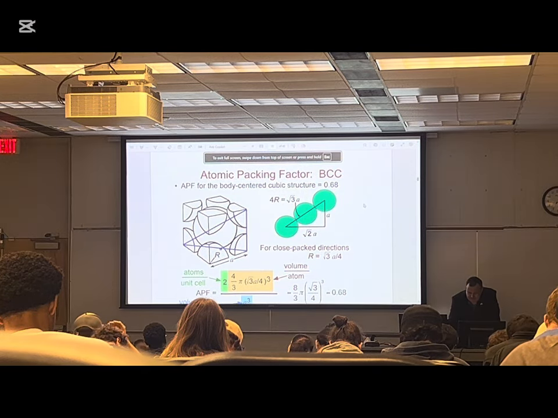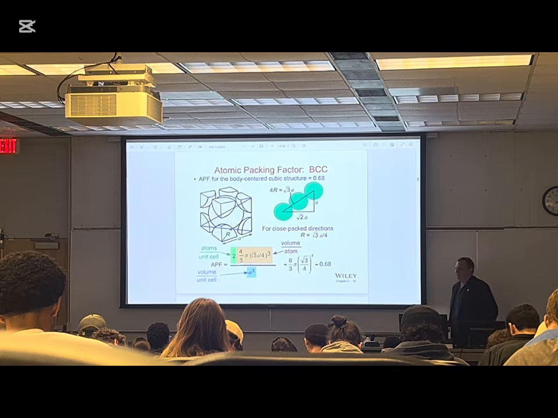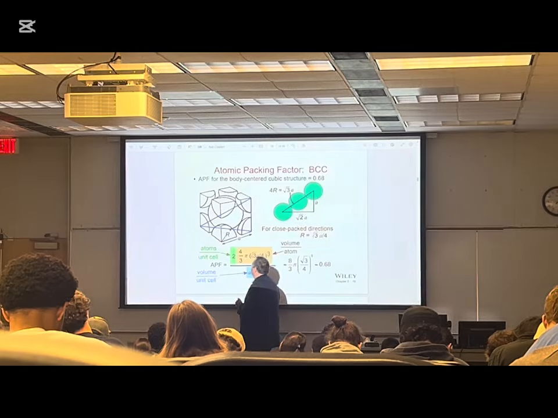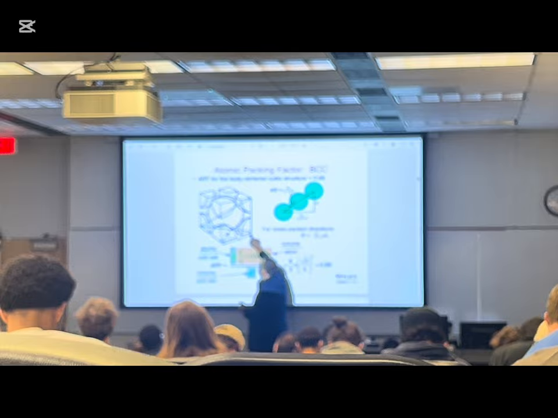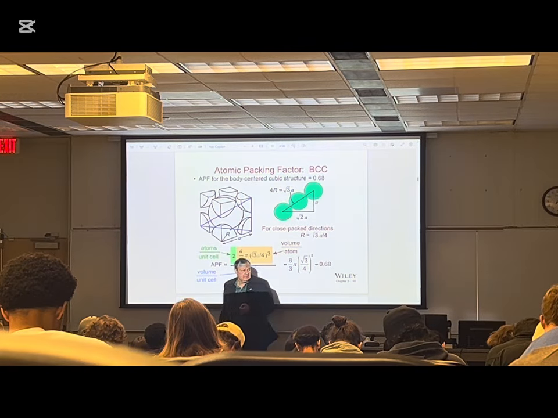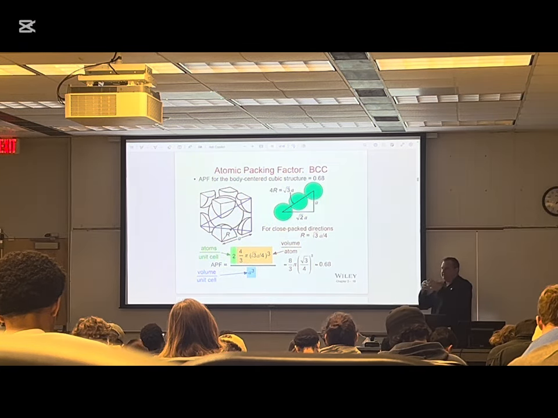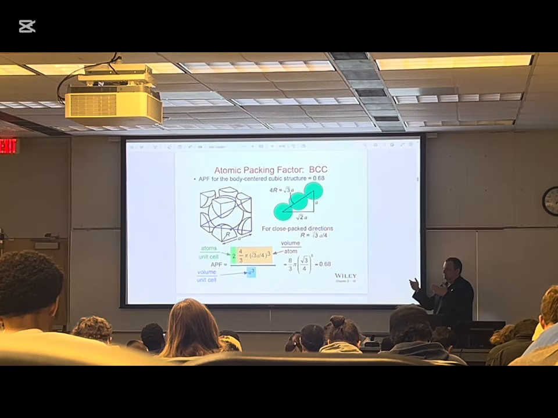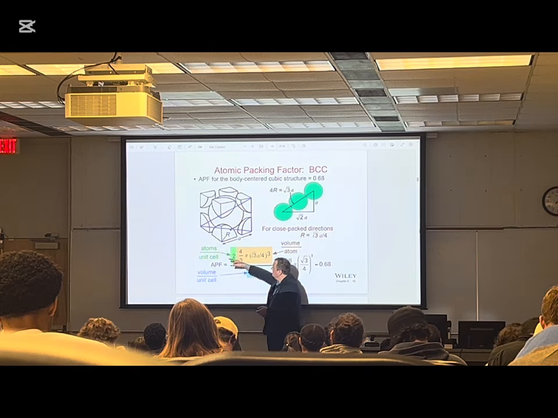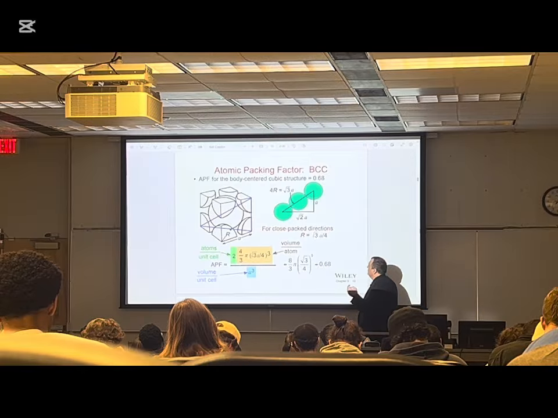Okay, let's calculate atomic packing factor for BCC. And this is a little bit more complicated. If this is A, and this is R, then what is the direction where atoms are physically touching each other? They're touching along this line, which is a diagonal of a cube. Okay?